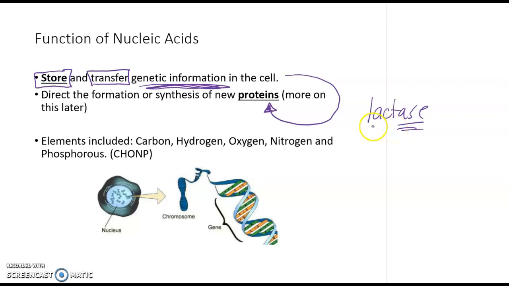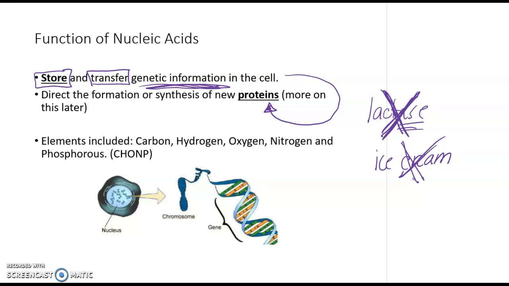If you can't make that, it's because there's a mistake in your DNA, and you don't have the ability to make lactase. So if you can't make lactase, then you're not going to be able to eat things like ice cream. Those are going to be off limits because if you eat ice cream, it's going to make you pretty sick. The instructions for how to make that enzyme is written in your nucleic acid.